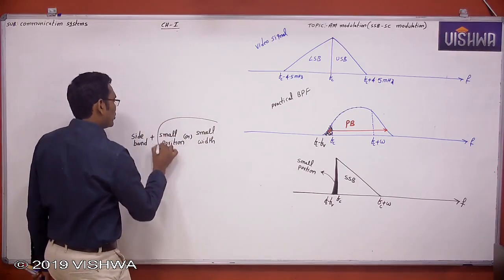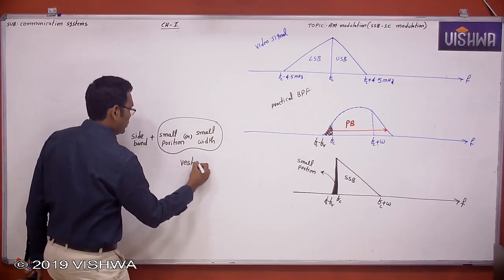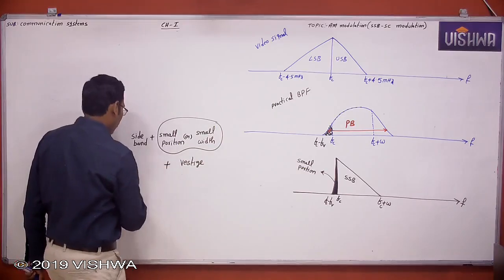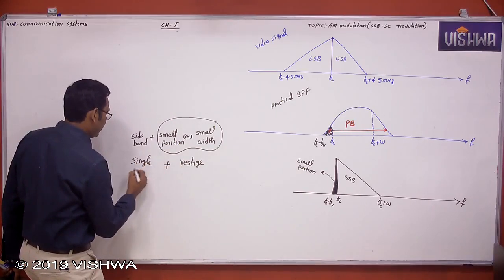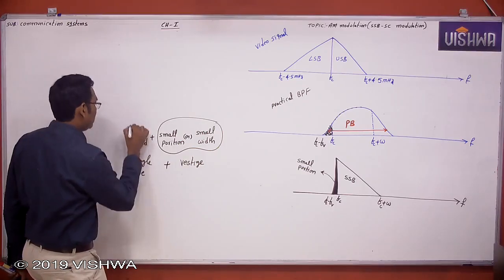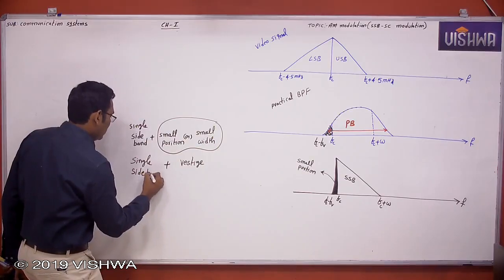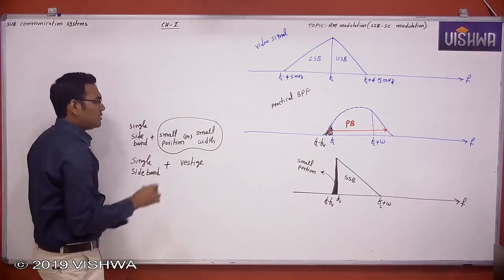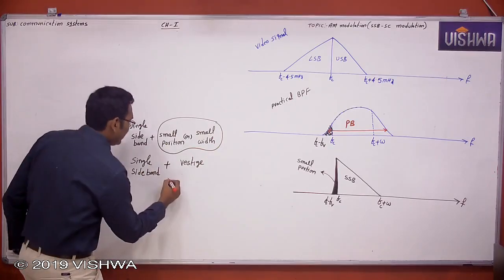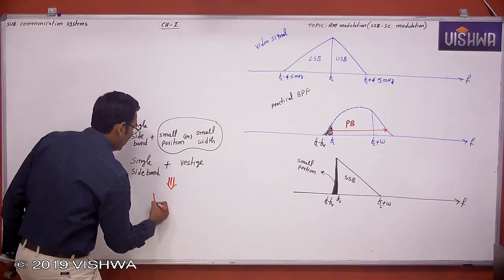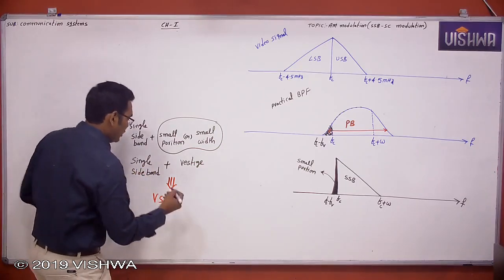This small portion or small width is called the vestige, plus this is single sideband. Now this new modulation technique is finally named VSB, vestigial sideband modulation technique.